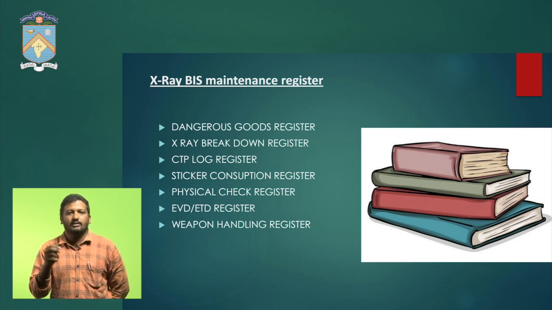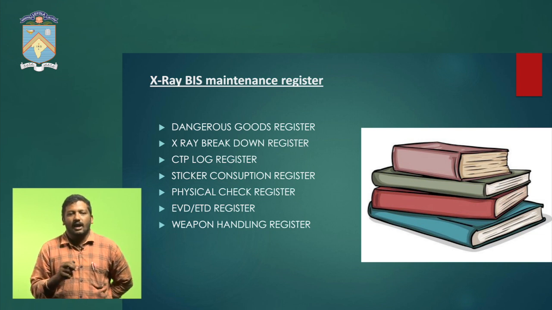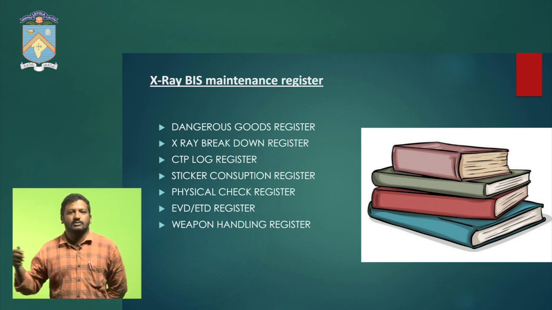Those items are called dangerous goods items. We also have a separate dangerous goods register. According to that, classifications will be there. For maintenance of this DG register, they need to write those classifications, and who is the person identified, their name and signature would be there.